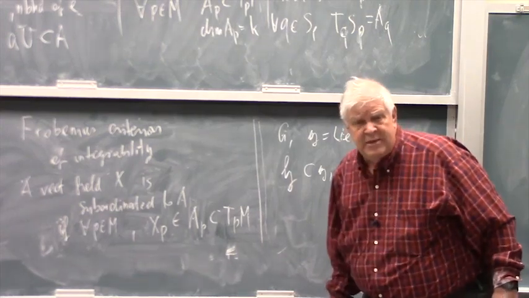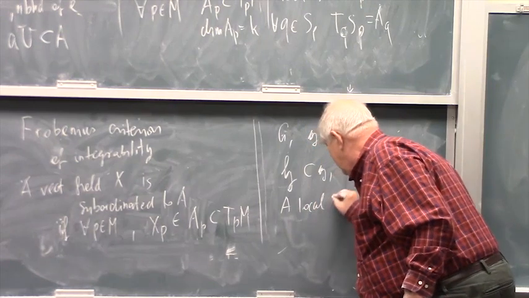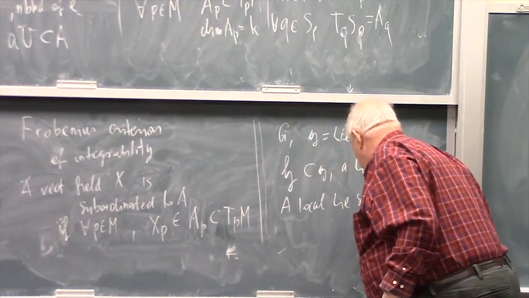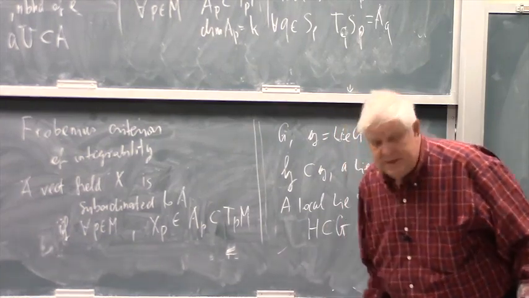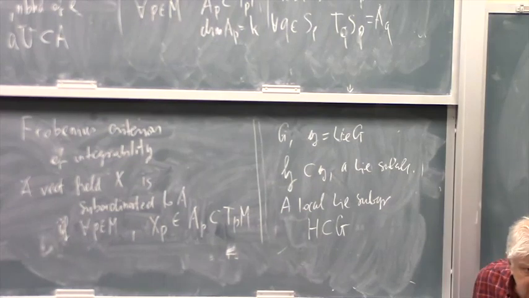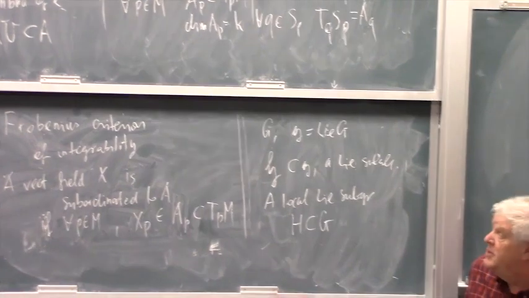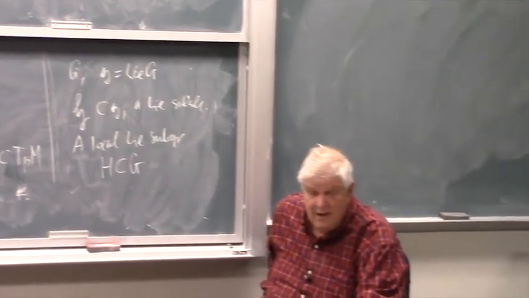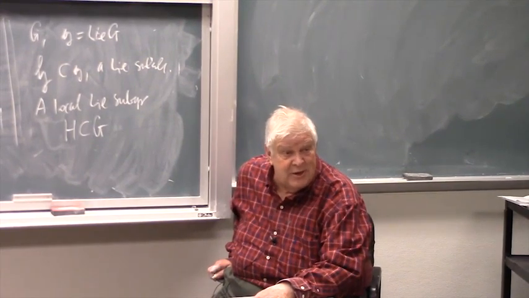Then I claim that there exists locally a local Lie subgroup. Local means that it is defined only in some neighborhood of e. Globalization is a different question. So some submanifold in the neighborhood of e, which is a subgroup with this Lie subalgebra. This is my first claim. My second claim is that it follows from the Frobenius criterion immediately. How?